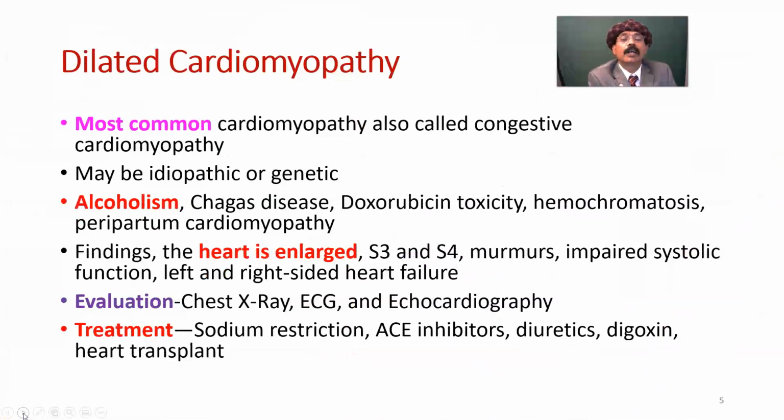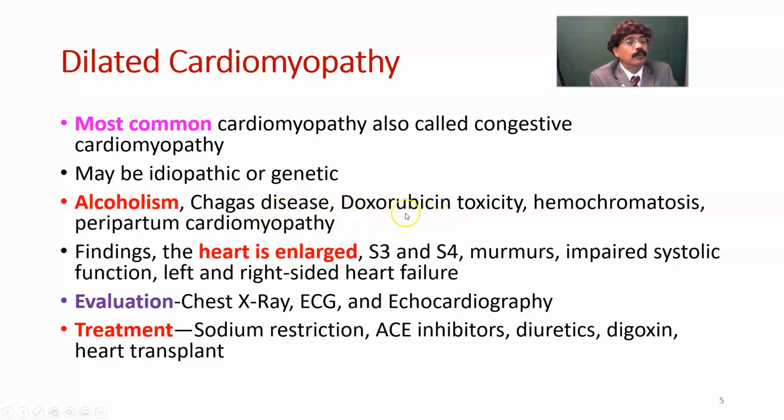Now we'll go to the dilated cardiomyopathy. It is the most common cardiomyopathy, also called congestive cardiomyopathy, and may be idiopathic or genetic. Alcoholism is the number 1 cause of dilated cardiomyopathy in the United States of America. Chagas disease, that is a parasitic disease.